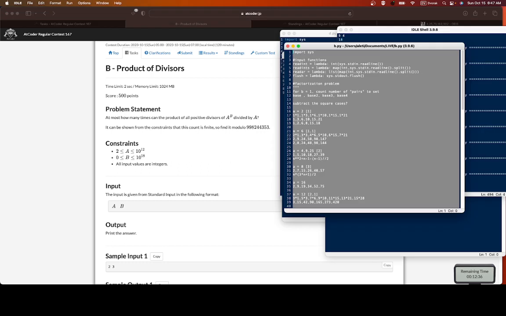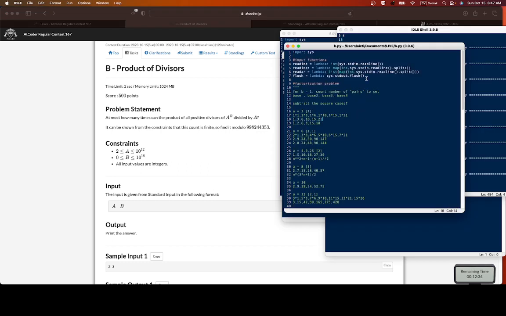What are we missing? There has to be something that's going on, but what is it?